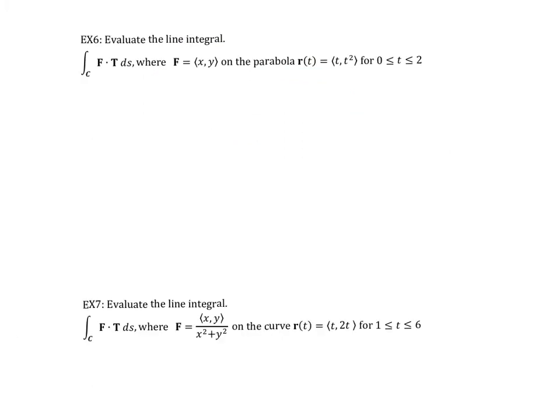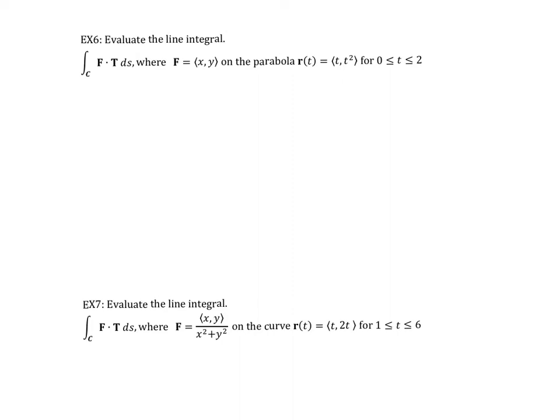We'll do some examples. Example 6, we want to evaluate this line integral. The vector field is x, y, and it's going to be on this parabola. We're given the parabola as r of t equal to t comma t squared, where our t values go from 0 to 2. Well, I don't know if this is a parametric or an arc length representation.